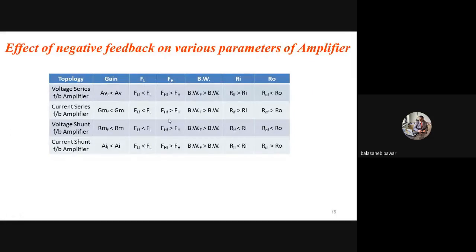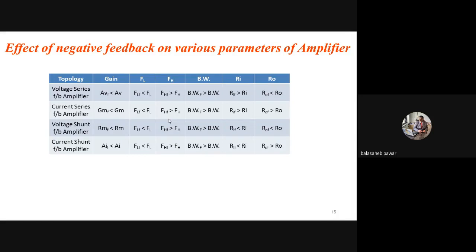Okay, so as we know, negative feedback will improve both impedances. See, use the word improve, don't say increase or decrease. Because for this first topology, you will observe input impedance increases, but output impedance decreases by using negative feedback. That's why the preferred word should be improve.